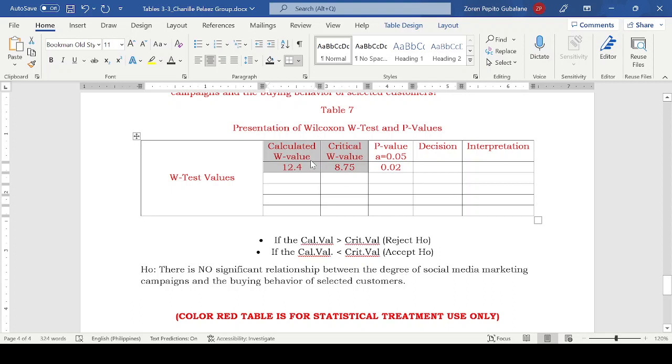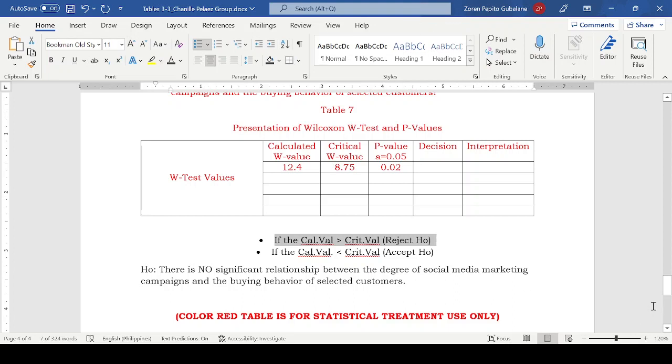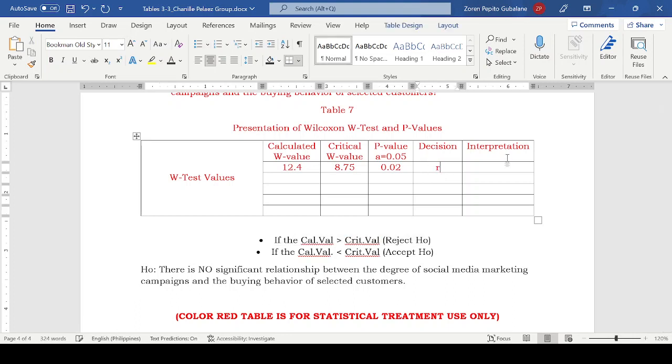Okay, so if the calculated value is greater, because 12 is greater than 8.75, it falls under this rule. If the calculated value is greater than the critical value, reject the null hypothesis. So therefore, the researcher will write here, reject null hypothesis.